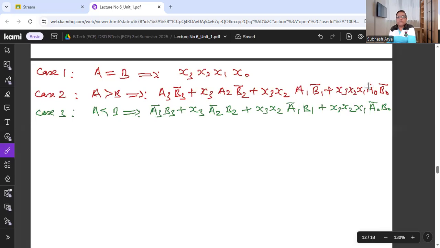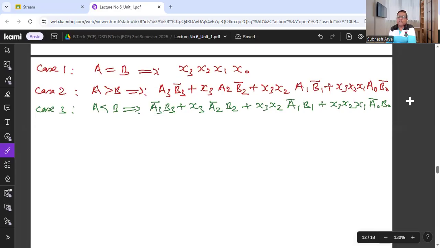It is just the reverse of A is greater than B, that is A is less than B.